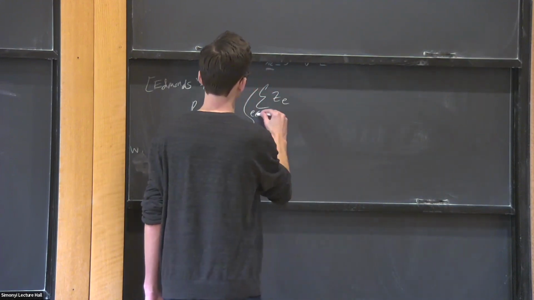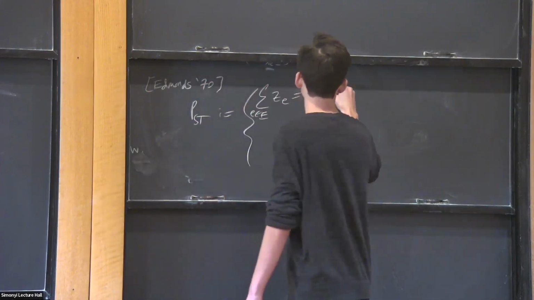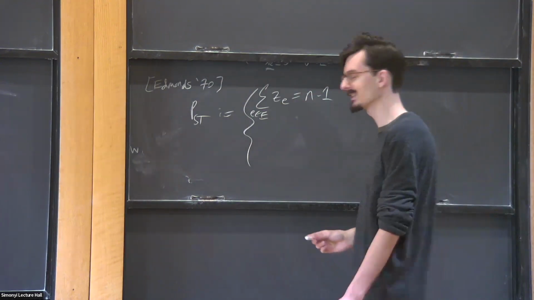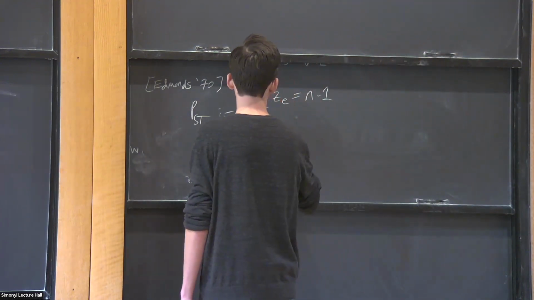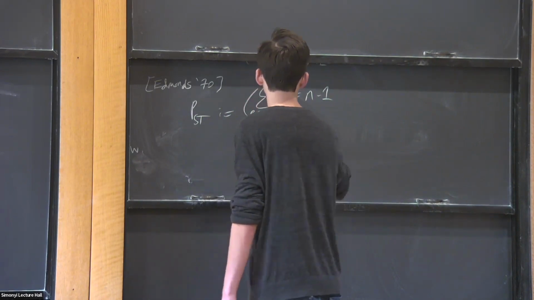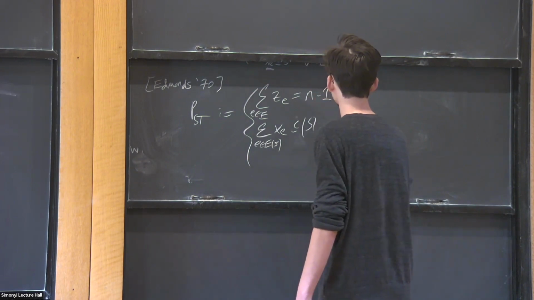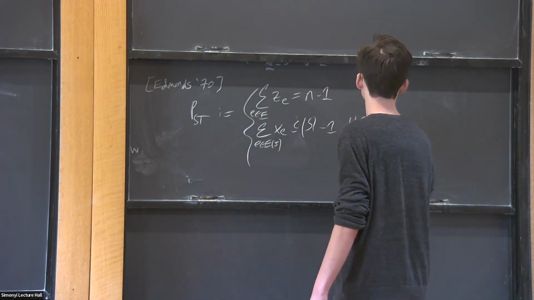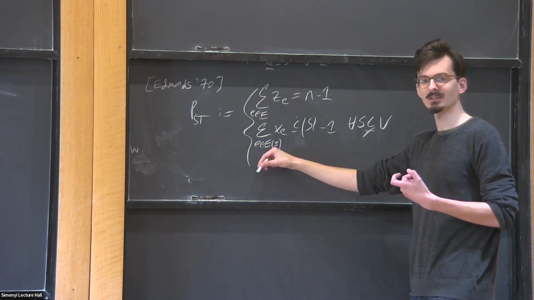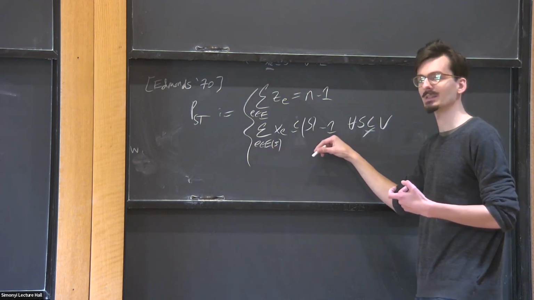So the sum of the variables should be n minus 1. This is sort of obvious. This is true for trees. And then for every set S, the sum of the edges with both of their endpoints in S should be at most the size of S minus 1.